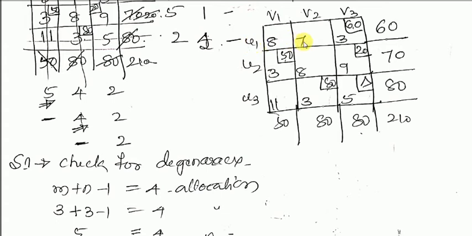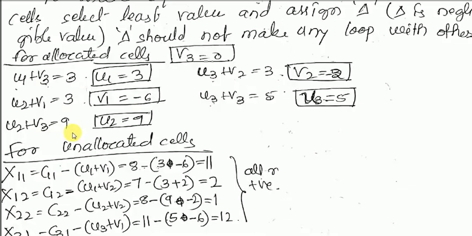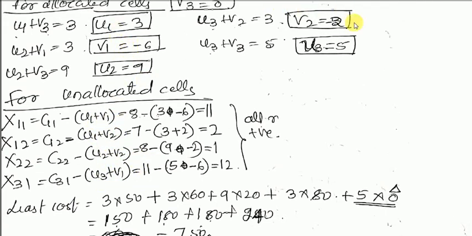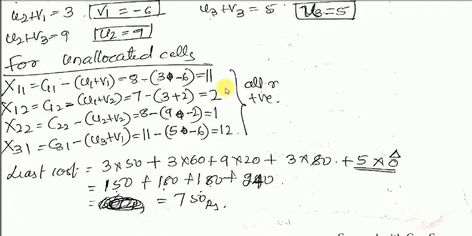Next c12 is 7, c22 is 8, c31 is 11. Those are the values from the matrix, and u1, v1, u1, v2, u2, v2, u3, v1 are calculated in the step before. So after the values we will get 11, 2, 1 and 12. So these are the values.